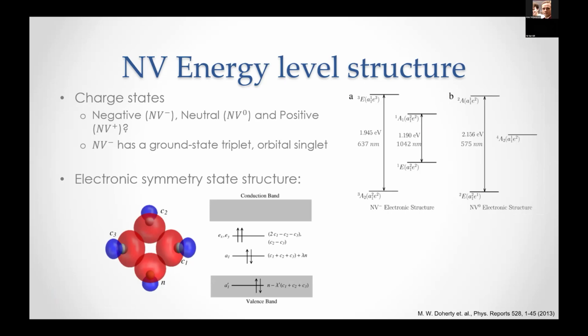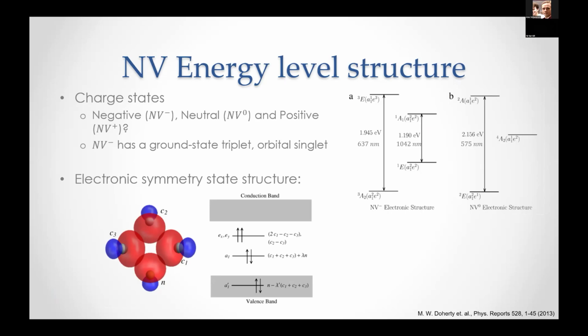But if you look at the rough energy level diagram of NV minus and NV0, you can see that we have an electronic excitation at almost 2 eV, 637 nanometers for the NV minus, and 575 nanometers for the NV0.